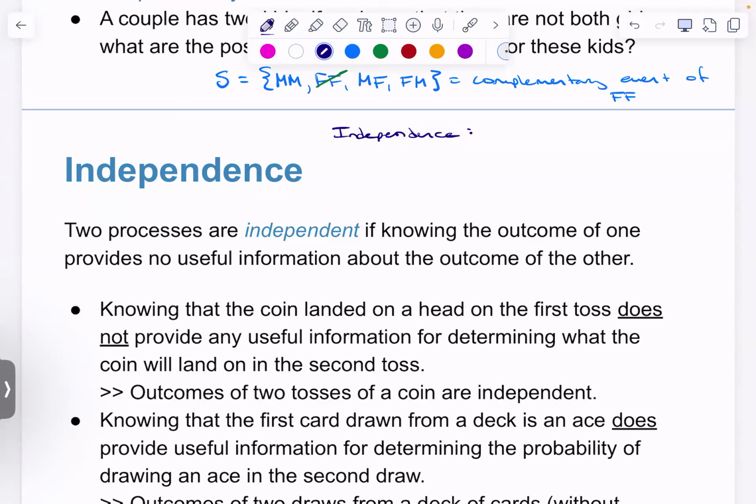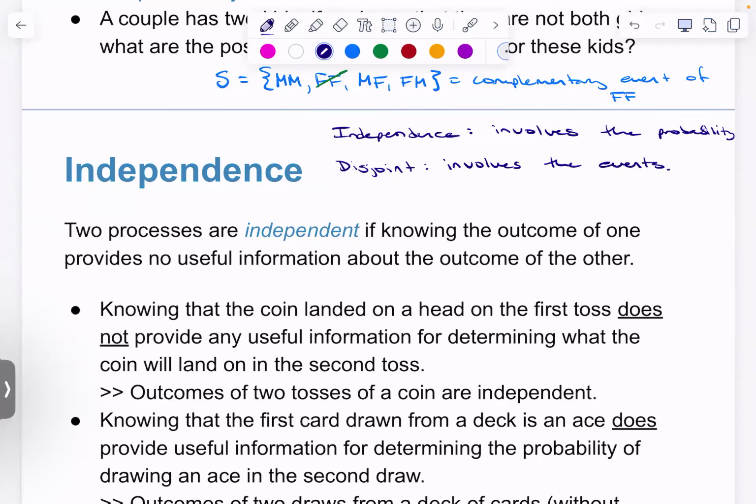So independence involves the probability, whereas disjoint involves the events, right? These events can never happen at the same time. Okay. So I just want to clarify that because that can be really tricky.